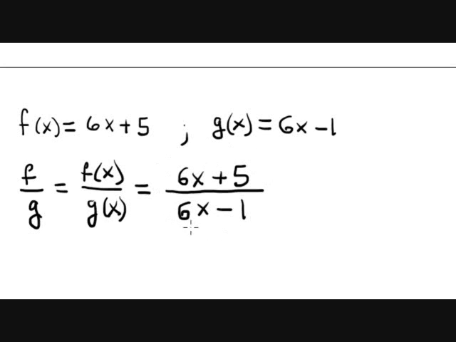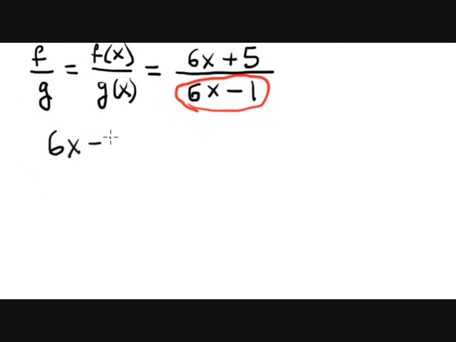Now I'm going to investigate the domain. One more time, we have a fraction, and you need to know that the restriction is that the denominator must be different to 0.